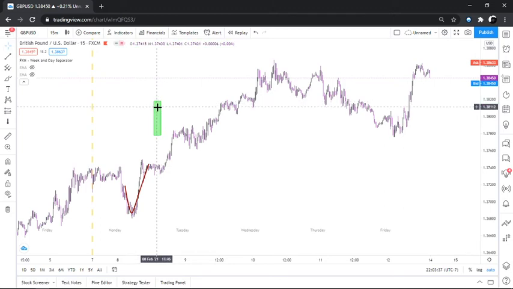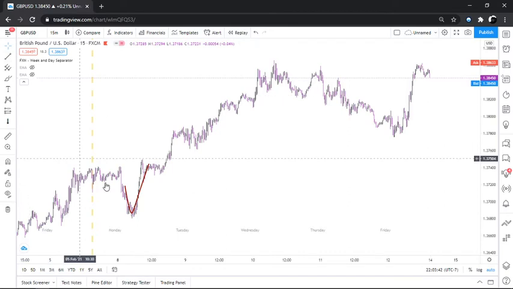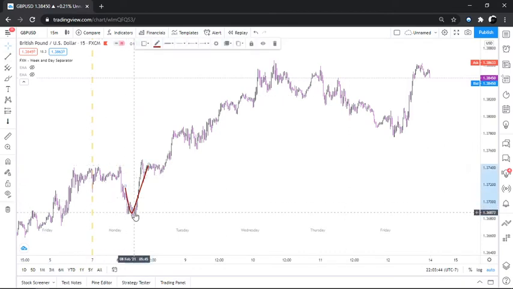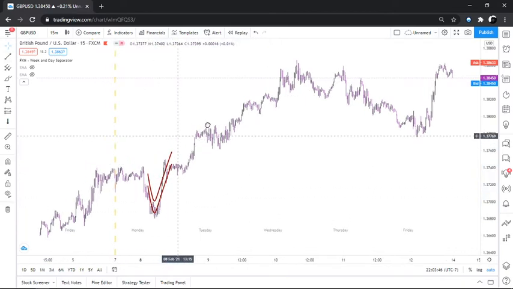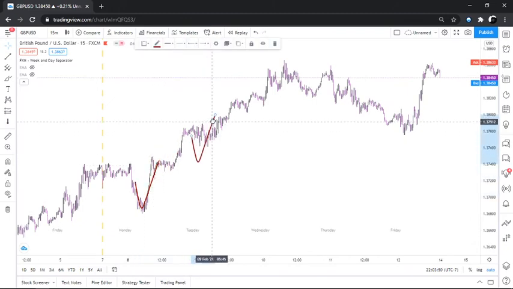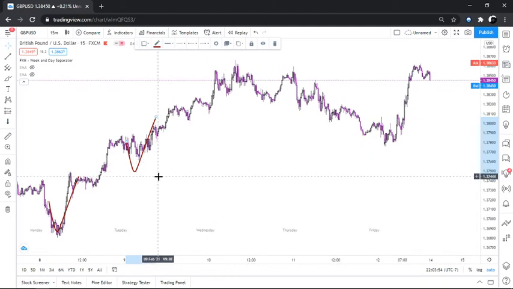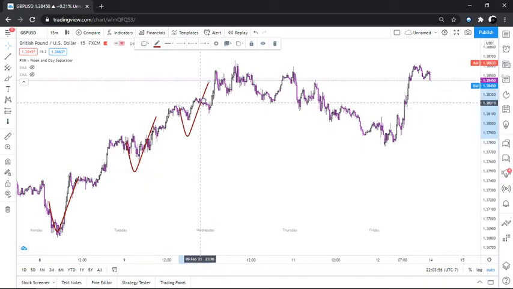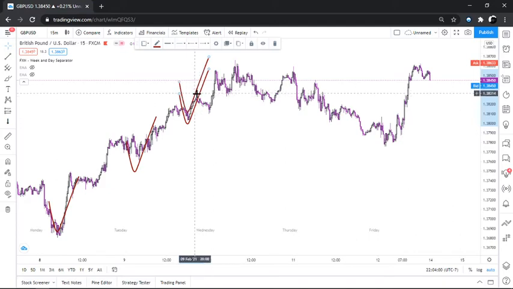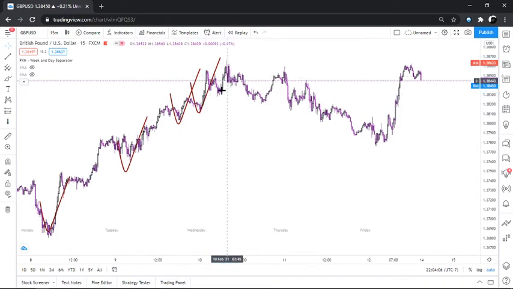Follow me. Let's go back. Copy paste this check mark in an obvious trend. It just keeps going. Although it didn't go high enough, it's still there.